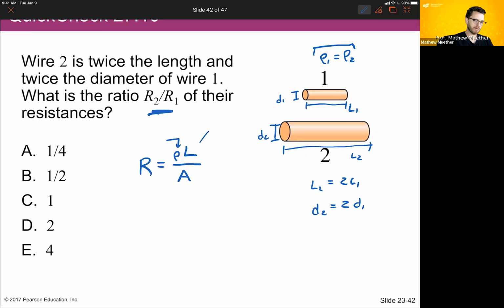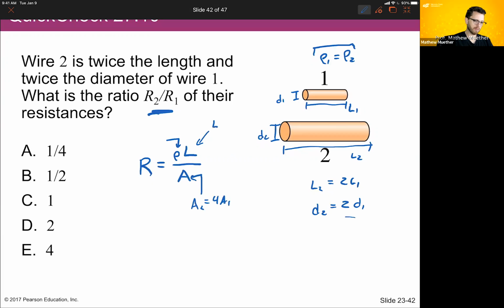For resistor 2, I have twice the length. But for the area, I've got twice the diameter. And remember, when I'm taking the area, I'm going to square the radius or square the diameter term. So I have 4 times the area. So A2 is equal to 4A1.